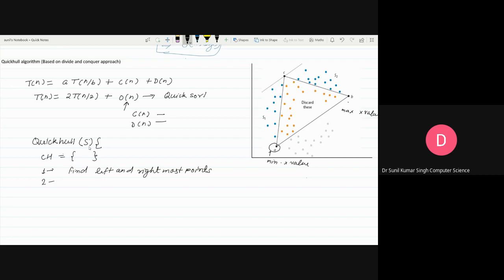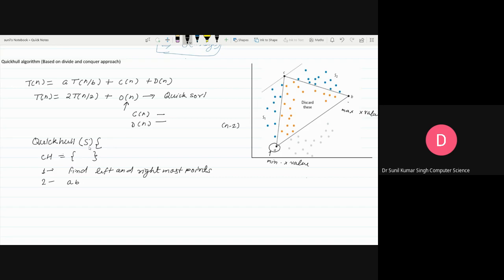So this line AB, maybe let's say small a, small b, this line AB divides the remaining points. That means how many points? N minus 2 points.